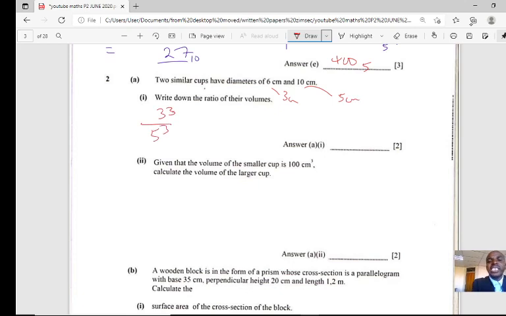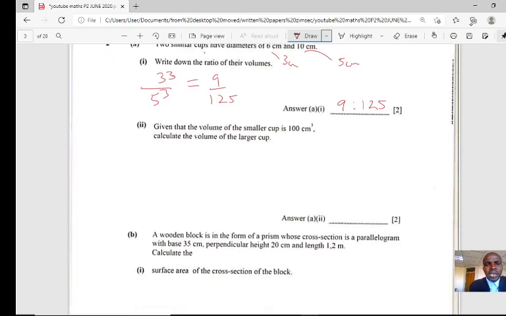You raise the radius to the power 3 to get the ratio of the volumes. Then it will be 9 over 125... actually 27 over 125. 9 over 125 is the same as 9 to 125. Done.